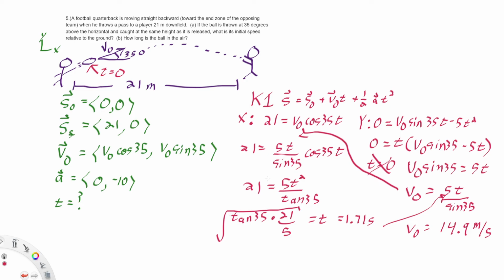What I did see a lot of in this problem is what I like to call magic equation syndrome. Plenty of people wrote down a function for range in terms of sine 2 theta and v naught.